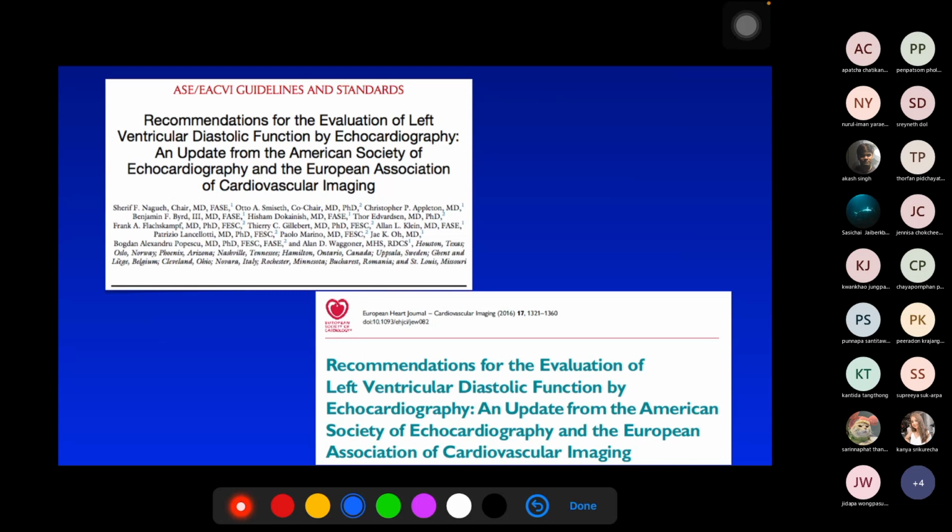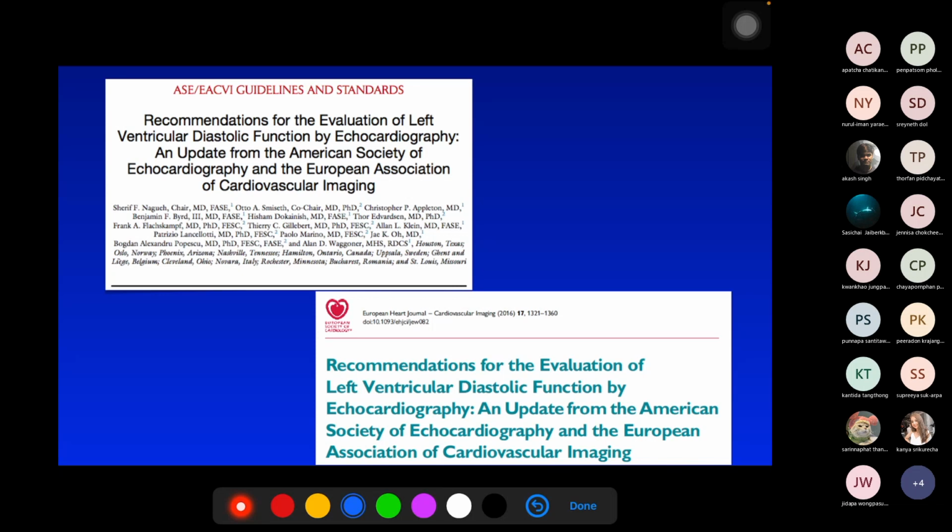To summarize, the methods to evaluate diastolic function start from 2D and M-mode to look at the B bump.